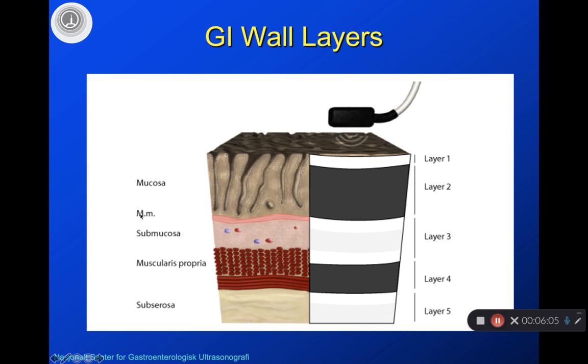We need to be aware of the different wall layers when we scan, and typically you can observe 5 different wall layers using ultrasound. We have the histology section on the left side: mucosa, muscularis mucosa, submucosa, the proper muscle layer, and serosa and subserosa.